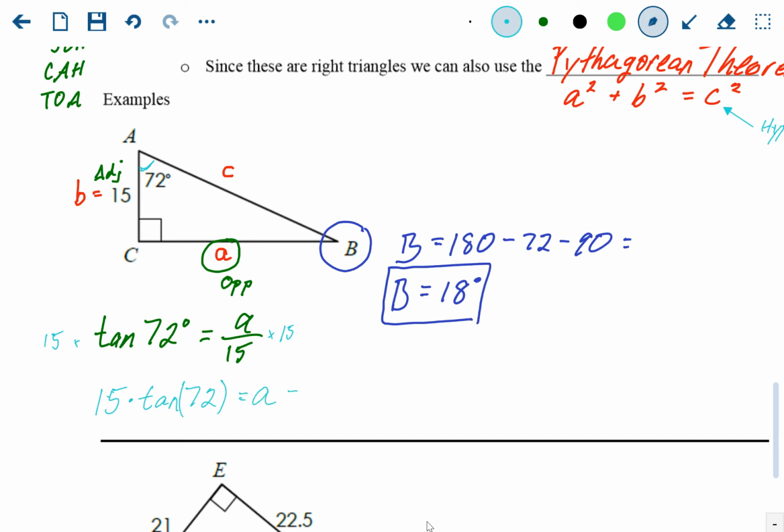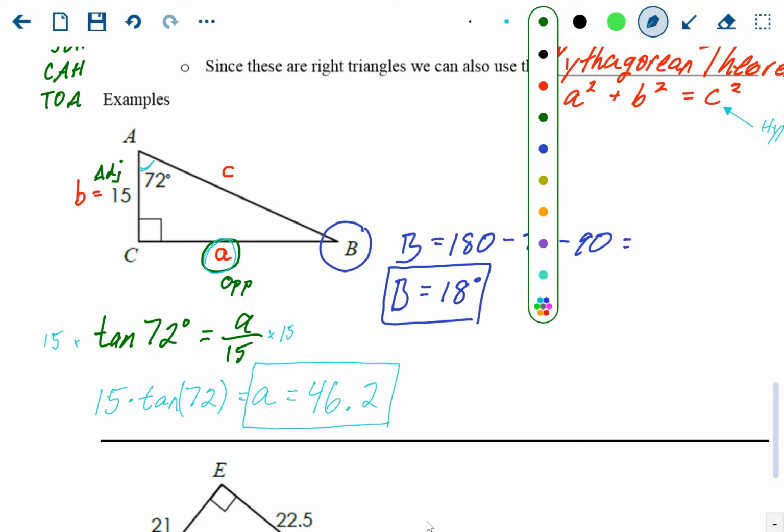In this case, A equals 46.2. Alright, so we just found side A. Now the only thing that's missing from this triangle, from knowing all three sides and all three angles, is side C. We don't know the hypotenuse.